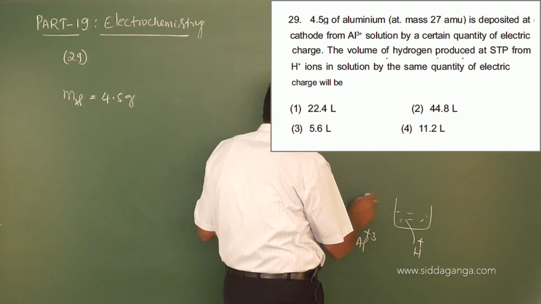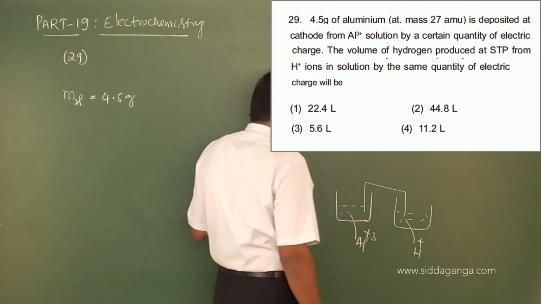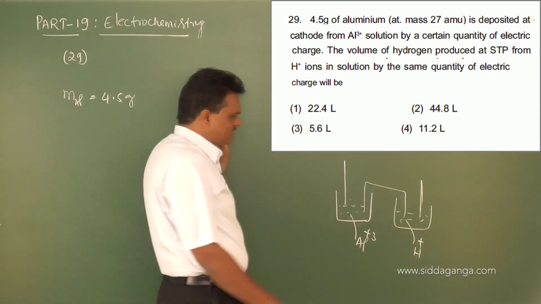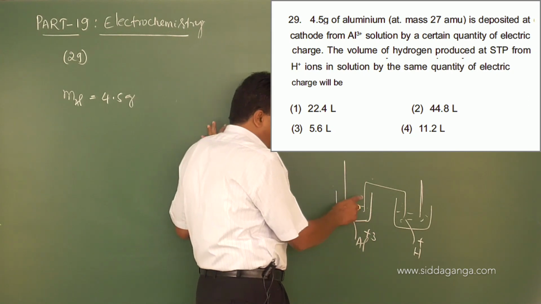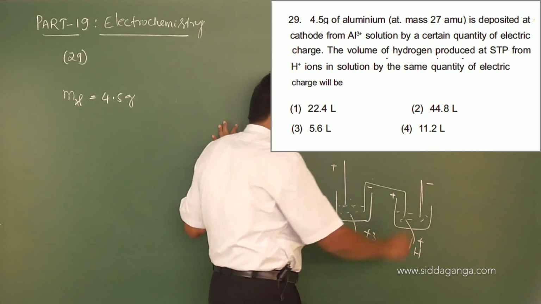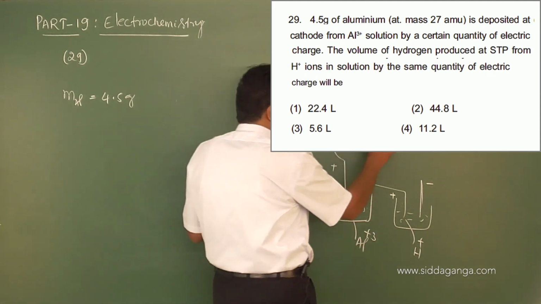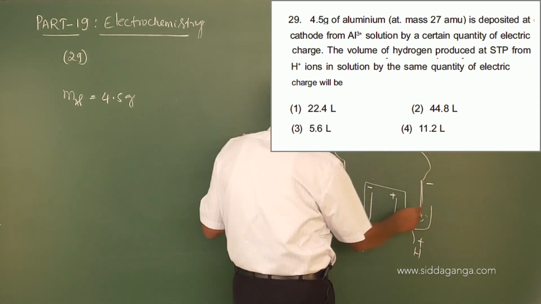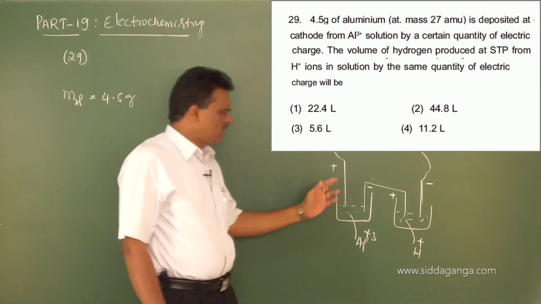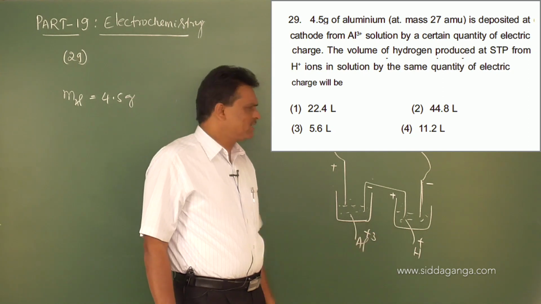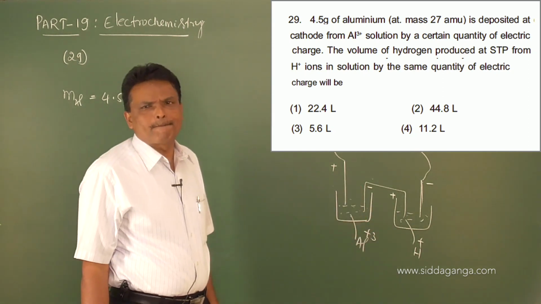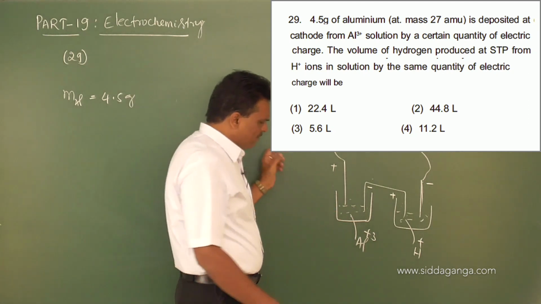The same quantity of electric current is passed through both, with anode and cathode in each.